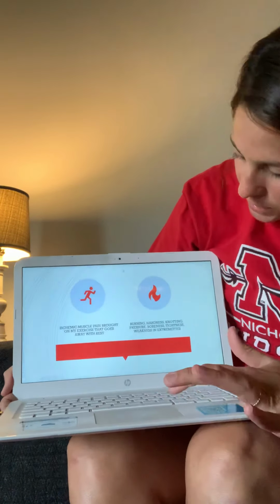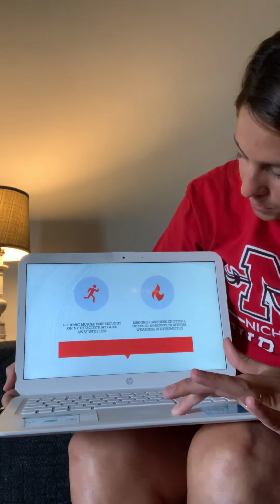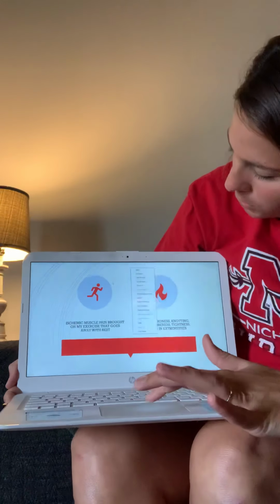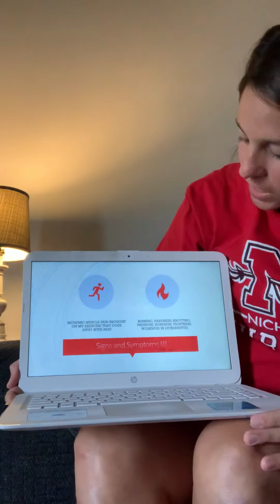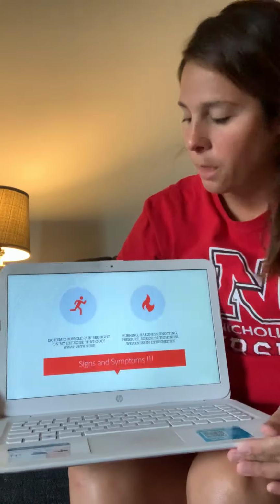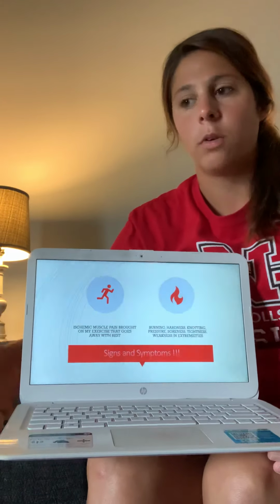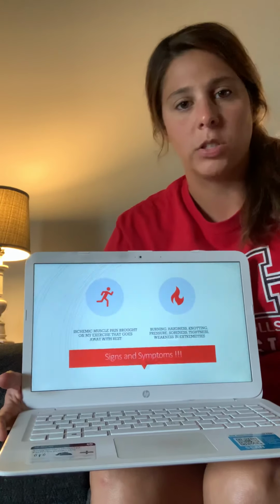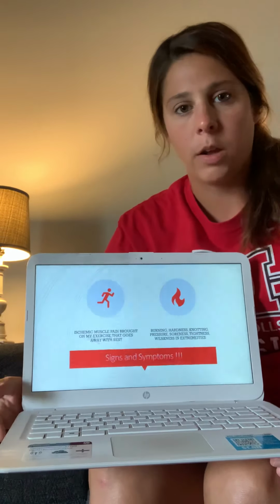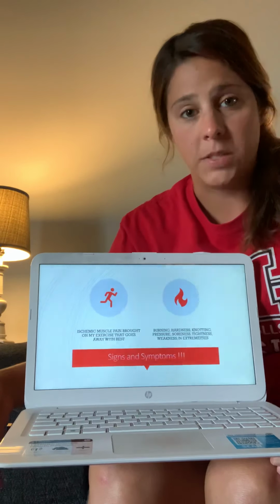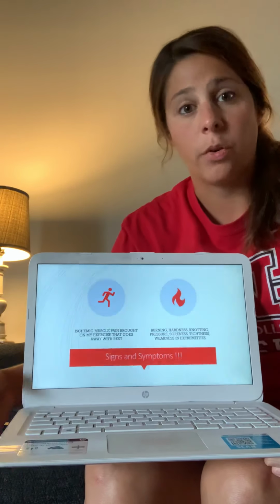Some signs and symptoms of PAD would be ischemic muscle cramping. A lot of times, like my father-in-law especially, if we're going somewhere or walking around a lot or even going upstairs, his legs would start to cramp really bad.